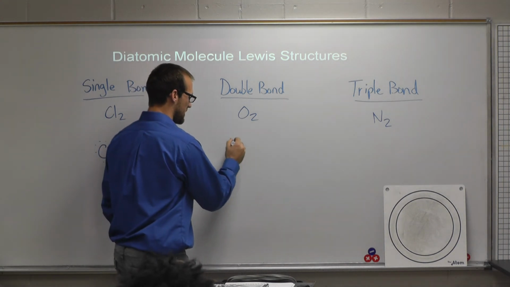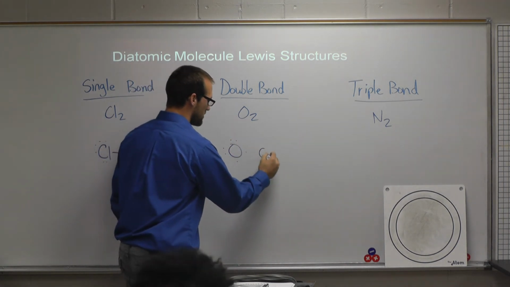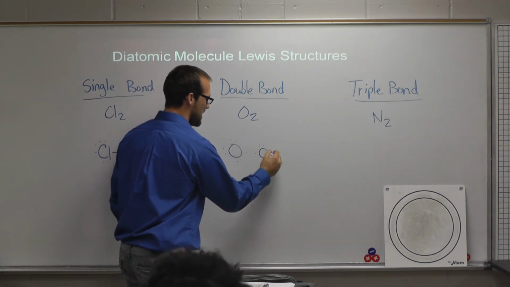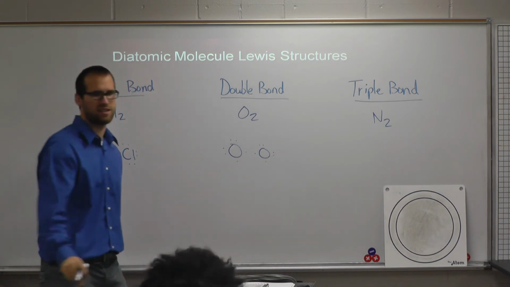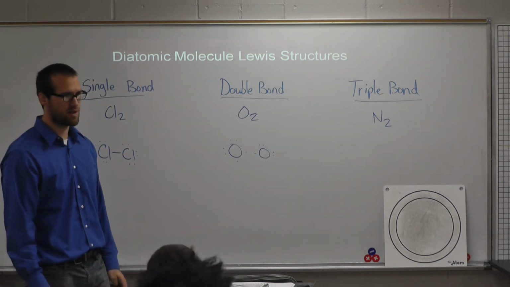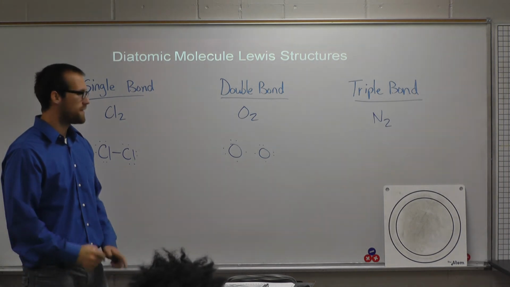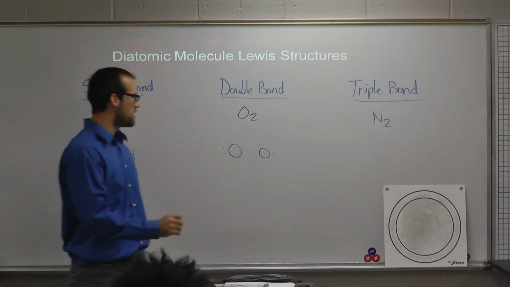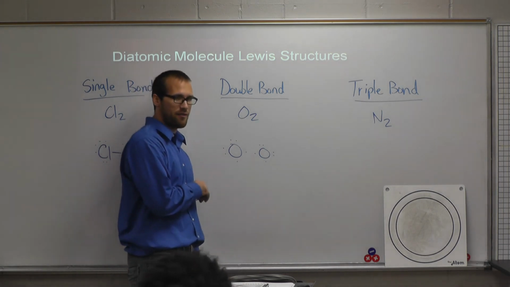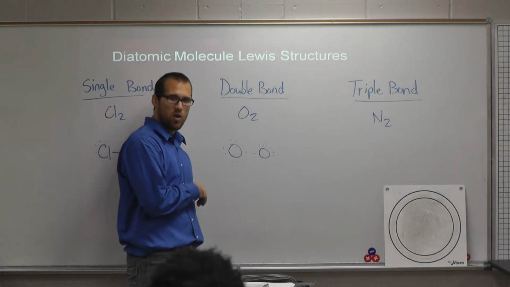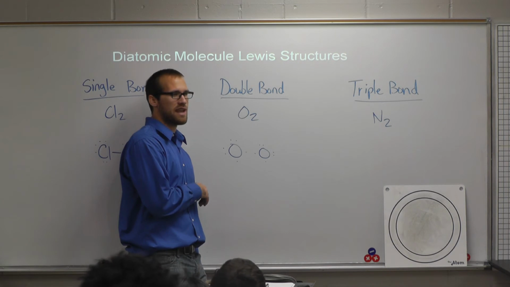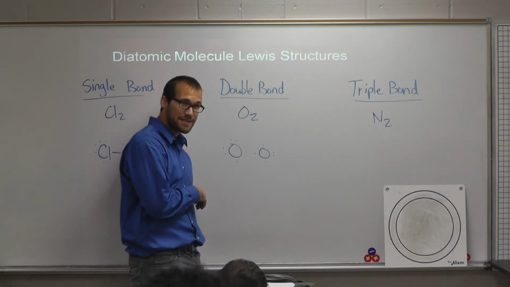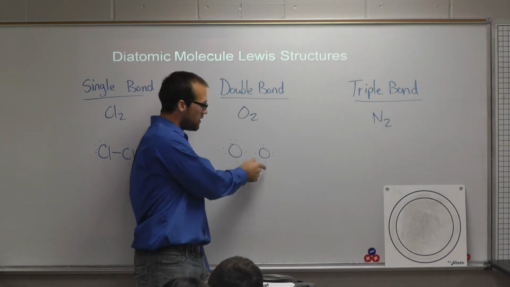Oxygen. 6, right? Yeah. Now it's a little trickier here because I can only put one of the bonding sites towards each other. That make sense? Okay, I'm going to go a little bit over here, but you guys will be okay. Notice, how many bonding sites do I have? 2, which means that I'm going to have to bond twice. 2 here, 2 here.